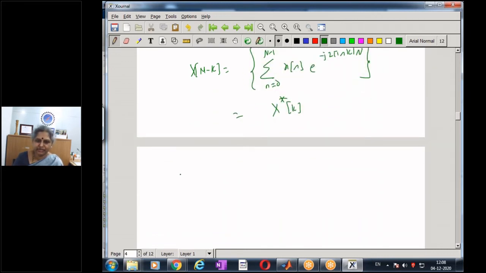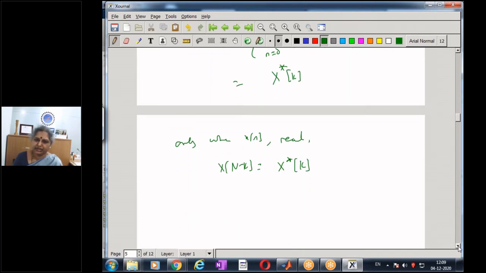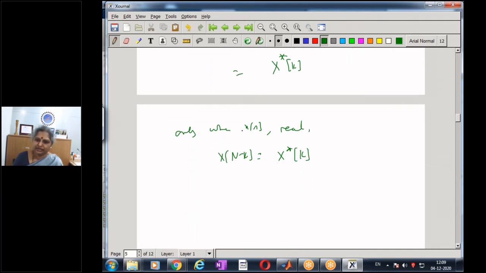So this is a symmetry property, which is valid only when x of n is real. So this is very important. Only when x of n is real, we have x of N minus k is equal to x conjugate of k, the conjugate symmetry property. And this is not a difficult condition, so it is not trying to impose a hard restriction.